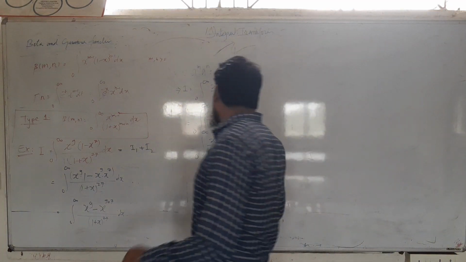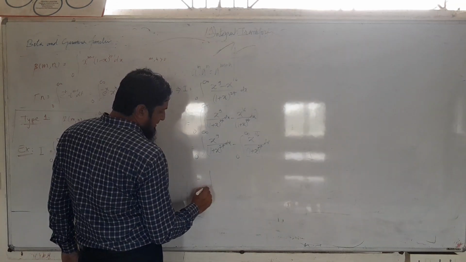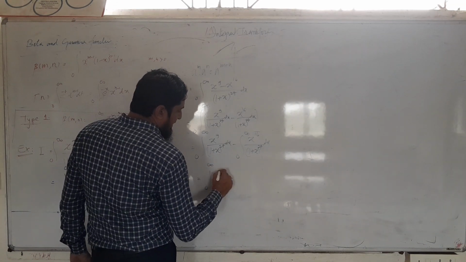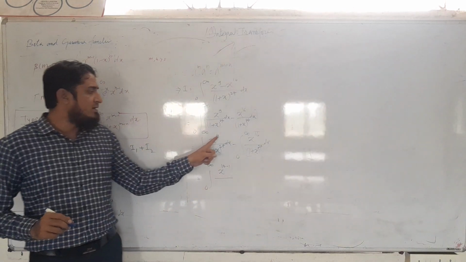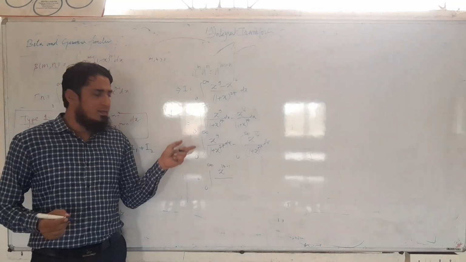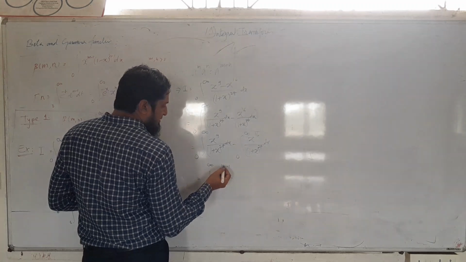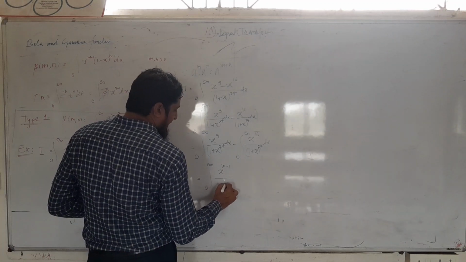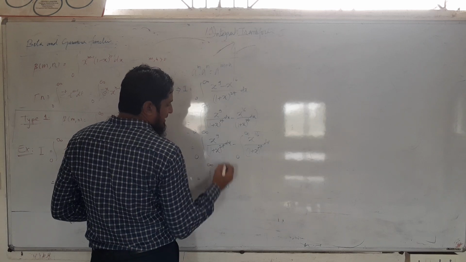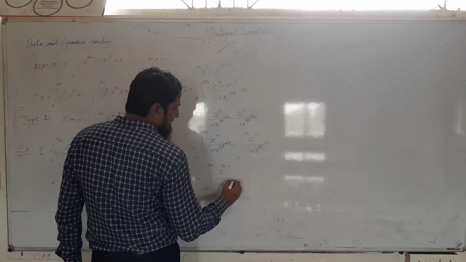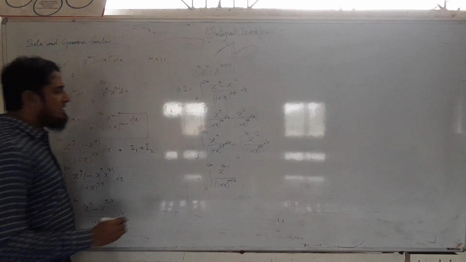If we want to convert this 9 into m minus 1, we can write it as x raised to 10 minus 1. Again 10 minus 1 means 9, correct? And m plus n, where m is 10, so we can write it as (1 plus x) raised to 10 plus 17, since 10 plus 17 is 27, dx.